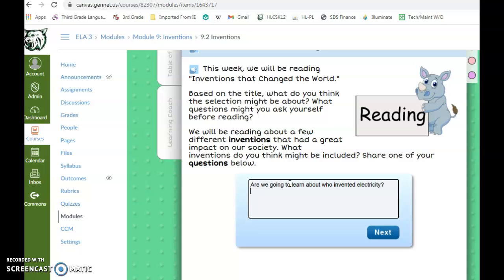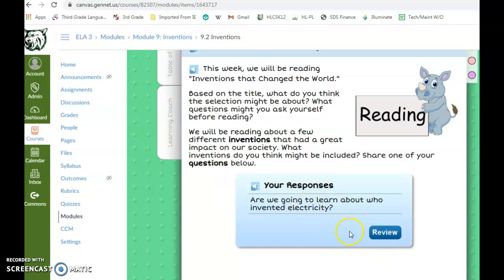Think of how different our lives would be if we did not have electricity. I'm also wondering if we're going to learn about vehicles. Because if we didn't have vehicles to get us places, another invention that has greatly changed our life. So then you would hit next, and it records your responses.